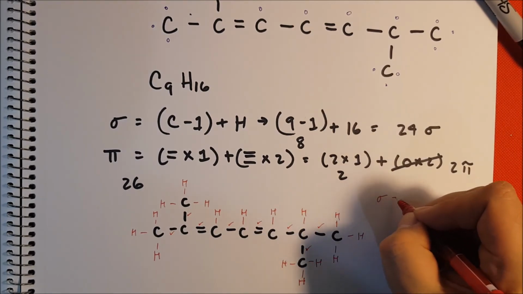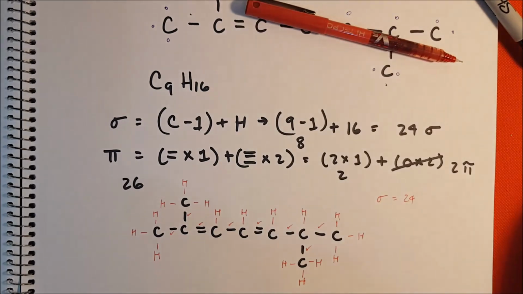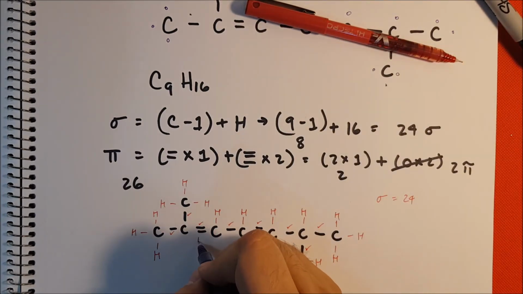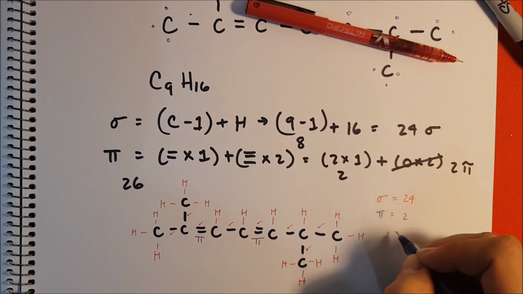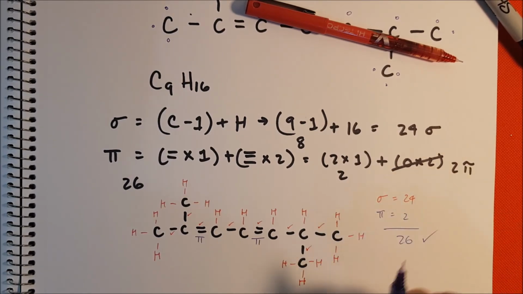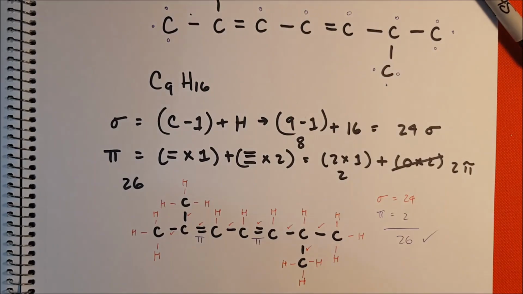So we're good. Sigma is equal to 24. And then remember that each double bond has 1 pi, so pi bonds is equal to 2. Total number of bonds is 26. And we did a good job.